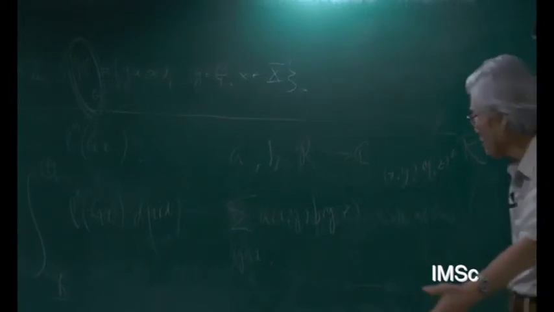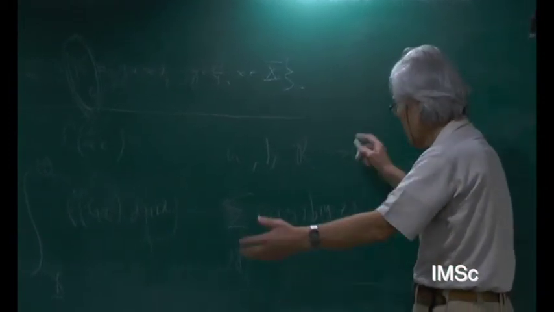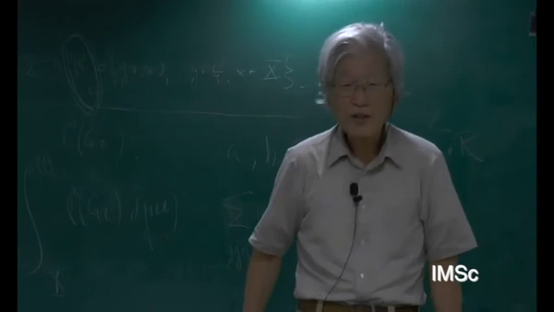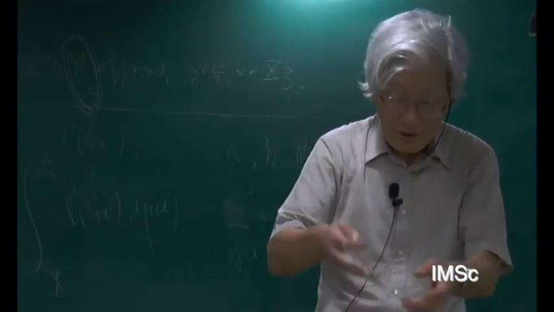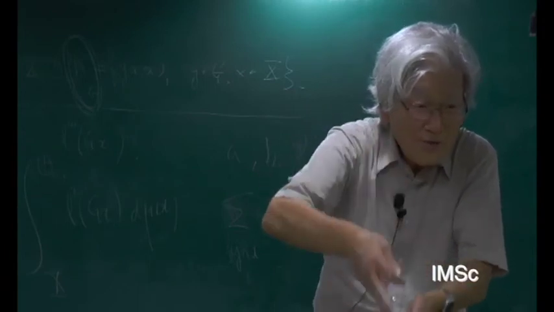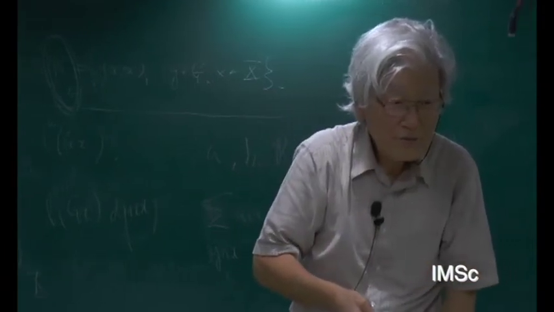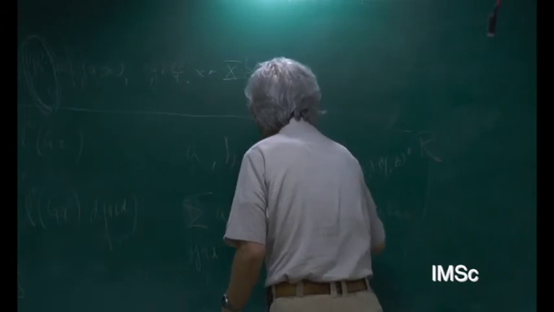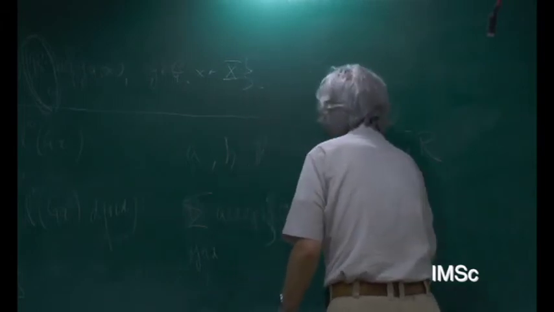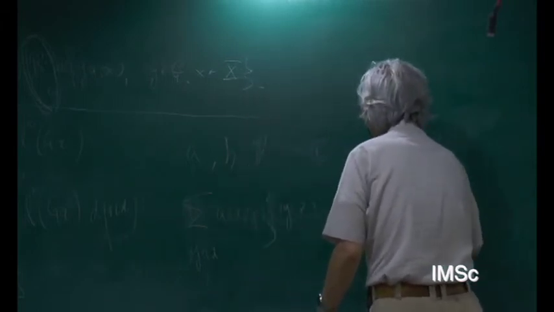Then you see this is nothing but matrix product, restricted to the equivalence relation, and that is the action on xi of (x, z).